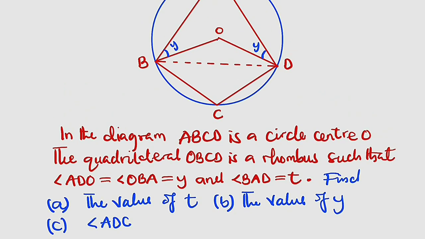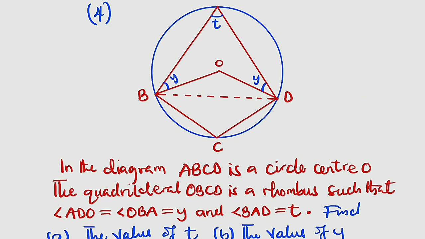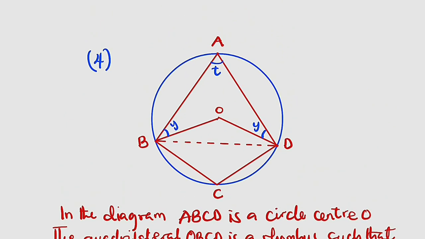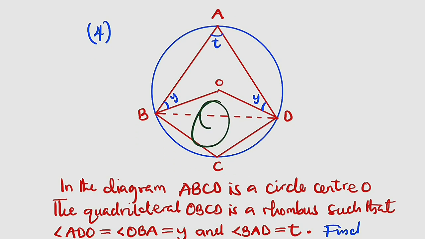So let's get started. If you don't want to be dealing with angles, you can insert some variables in the diagram, and that's exactly what we are going to do. Since this is a rhombus, remember that opposite angles are equal. This line here is a chord, and this chord subtends an angle to the circumference.